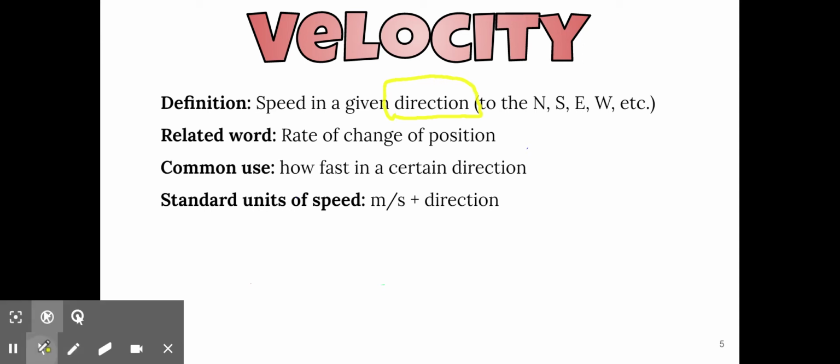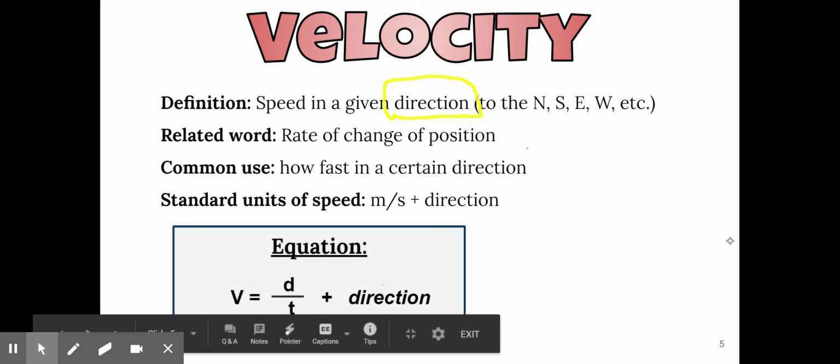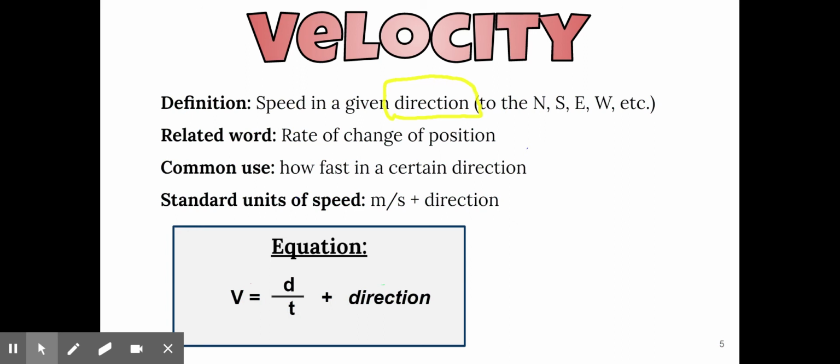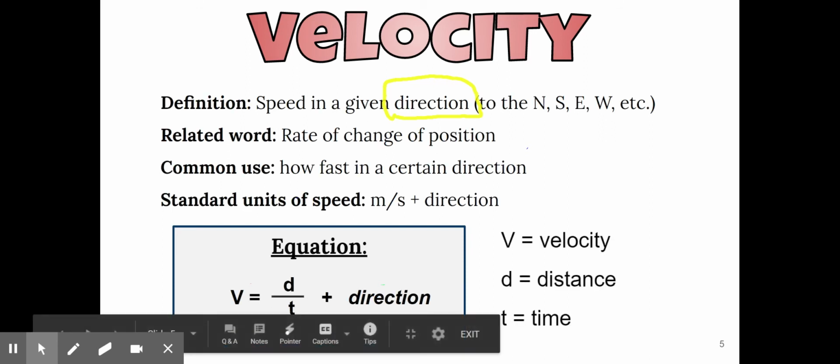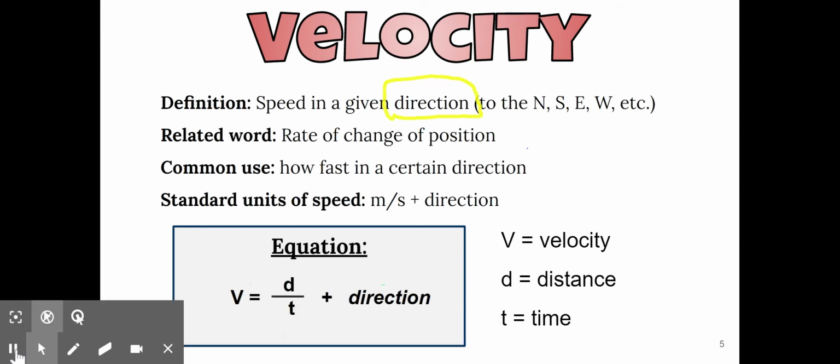So our standard units are still going to be meters per second, but now we're also going to have to add the direction. So our equation for velocity is velocity equals distance over time, just like speed, with the added direction. Everything remains the same, but now we're adding direction to our answers.